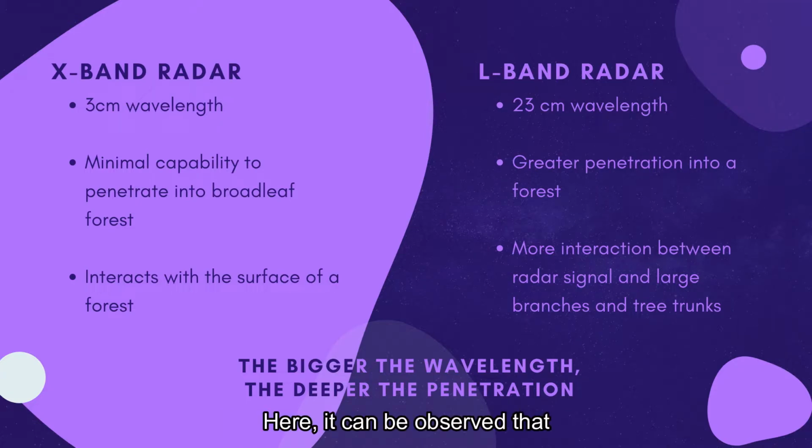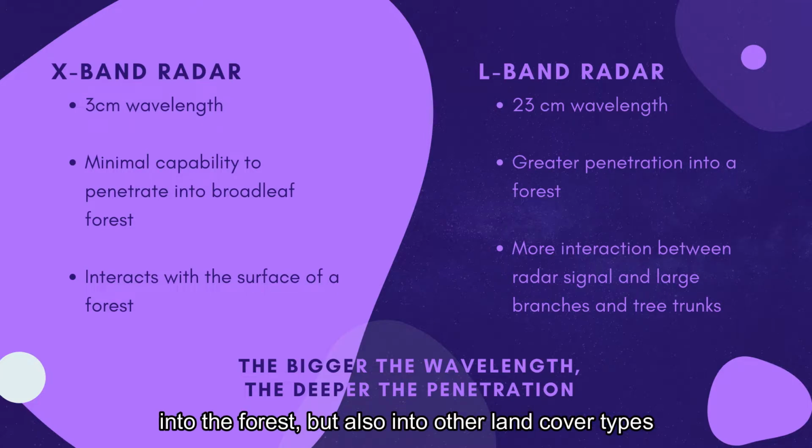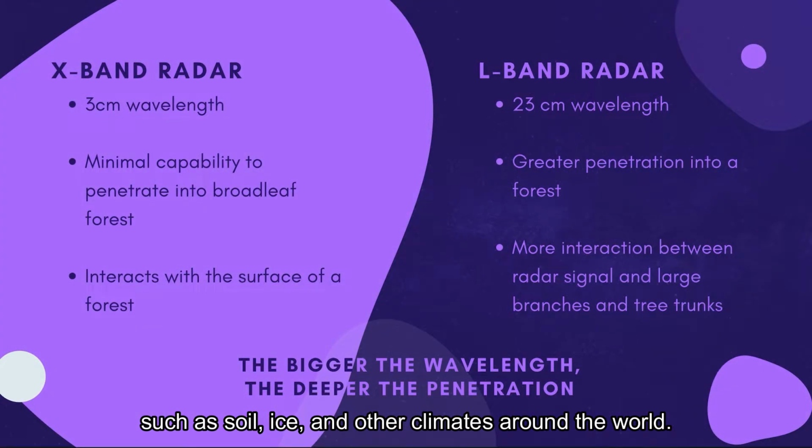Here, it can be observed that the bigger the wavelength, the deeper the penetration. This can apply not only to the penetration depth into the forest, but also into other land cover types such as soil, ice, and other climates around the world.